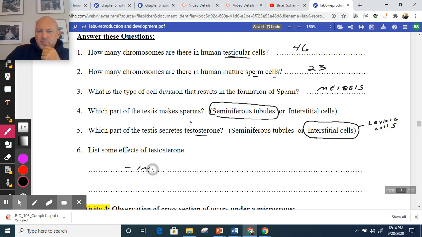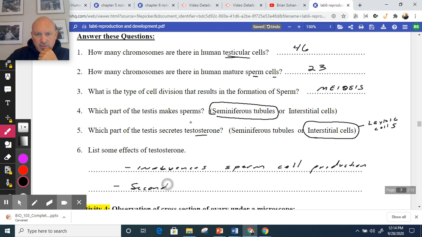And this influences the production of sperm cells, right? Influences or stimulates sperm cell production. It also is responsible for secondary characteristics, right? For males.